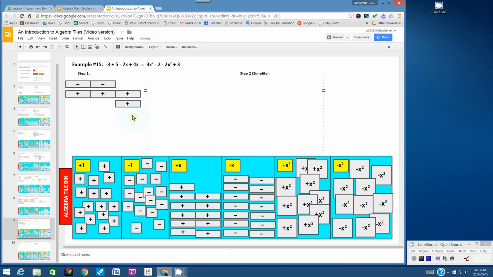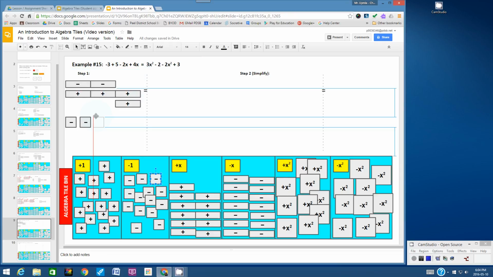So now let's look for any integers. Now, I'm not going to have the room to continue on to the right, so I'm going to use this space below because I don't want to cross this wall. This wall is where the equal sign is. So we have negative 3 and then positive 5. Okay, so let's line those up. Negative 3 and positive 5.